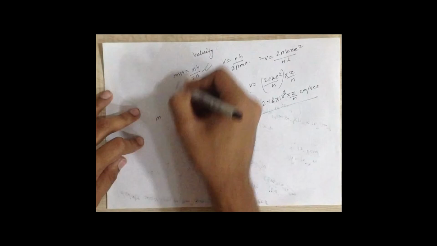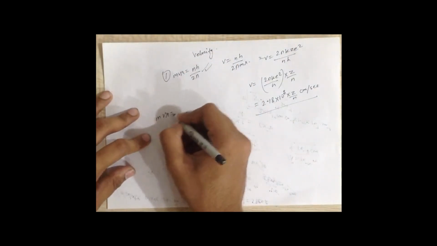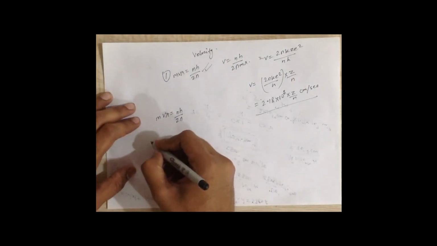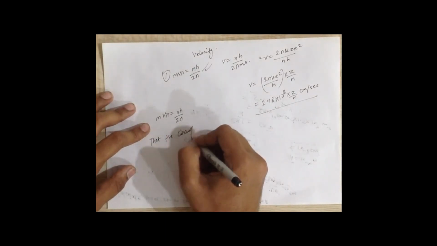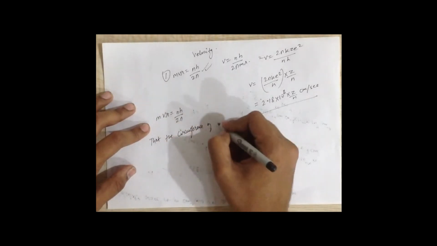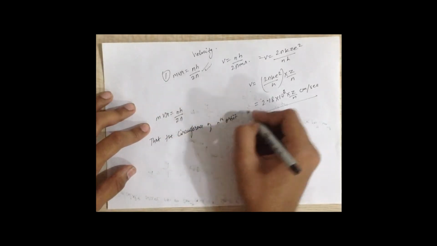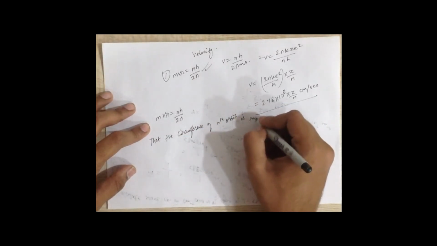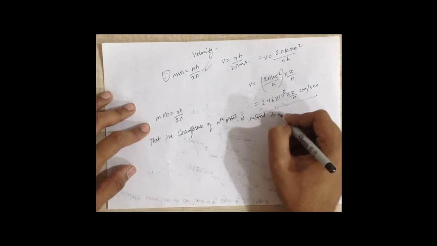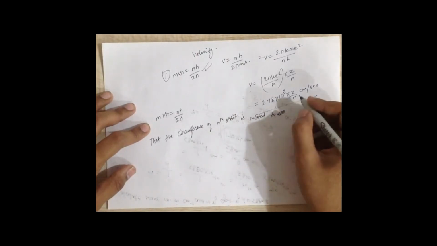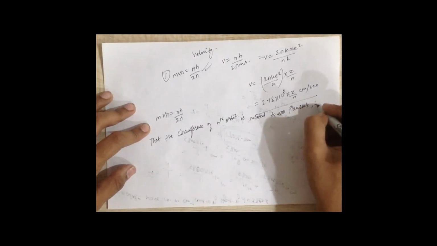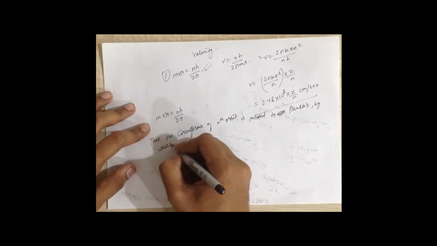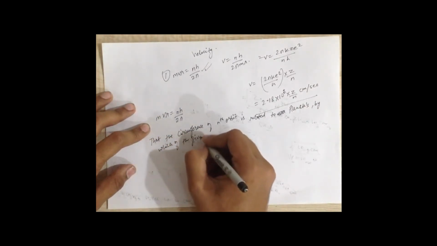Now I was going to tell you some important relations. Using this equation, that is equation number 1, mvr is equal to nh upon 2 pi. Now if you have been asked a question that the circumference of nth orbit is related to the Planck's constant by which of the given relations.